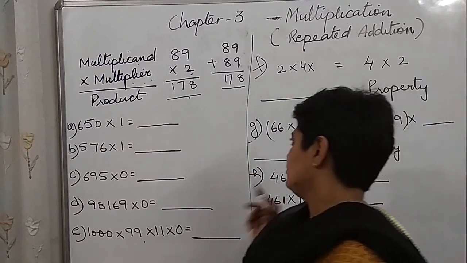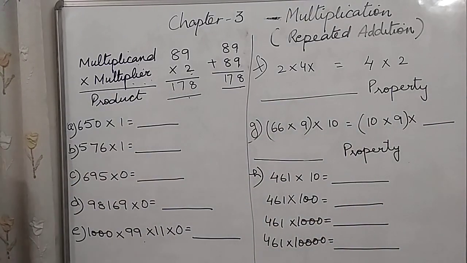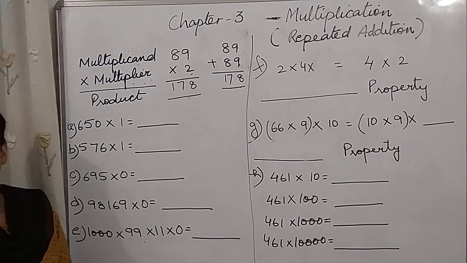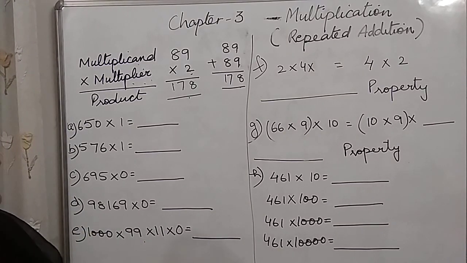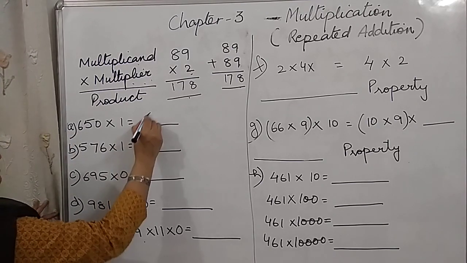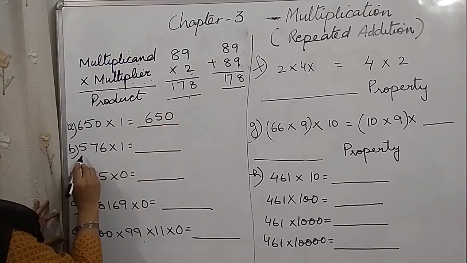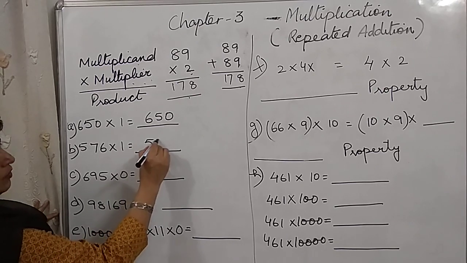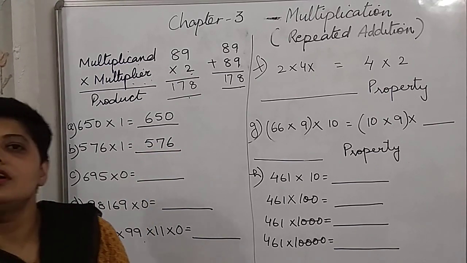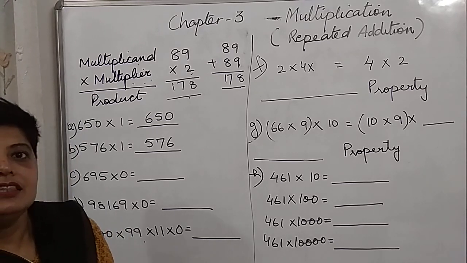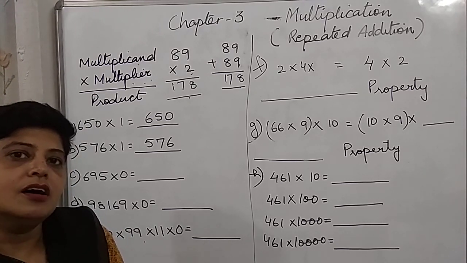Now let's study the rules of multiplication. Now 2 ones are 2, 5 ones are 5. Similarly, 650 ones will be 650 and 576 ones will be 576. So we can say whenever a number is multiplied by 1, the answer will be the number itself.